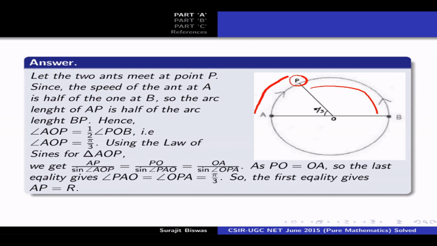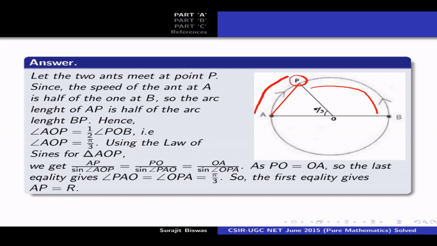Let's consider this, and now join P and A. Okay, perfect. So now use the law of sines for angle AOP.